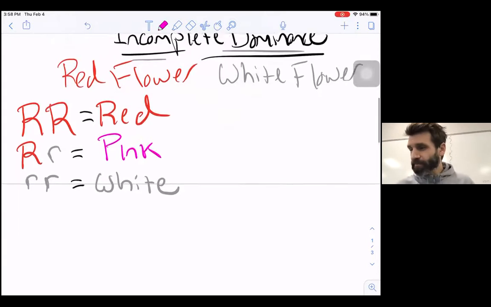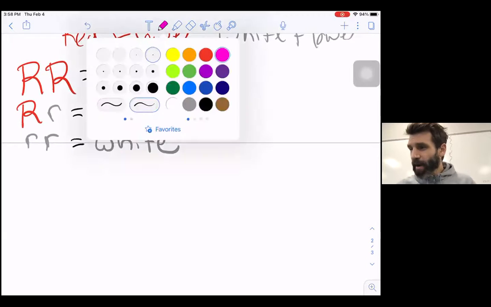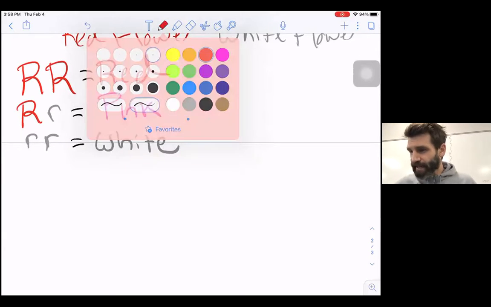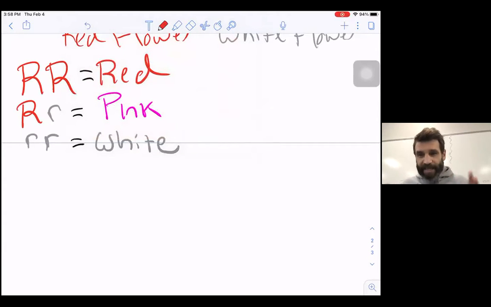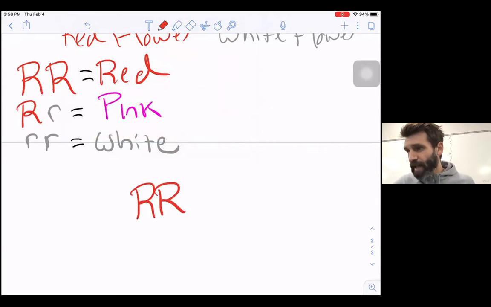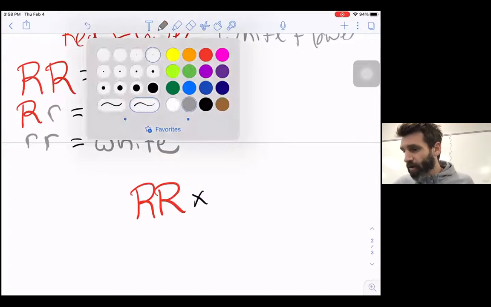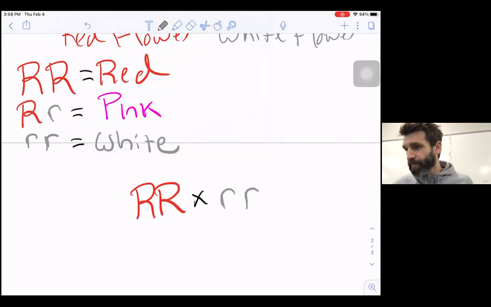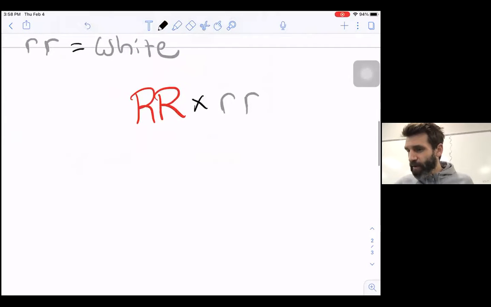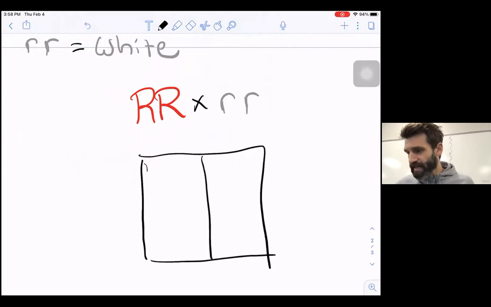So you might imagine early geneticists who were experimenting on plants could have crossed a red flower with a white flower, and they would have done their Punnett square just like we had done in class.